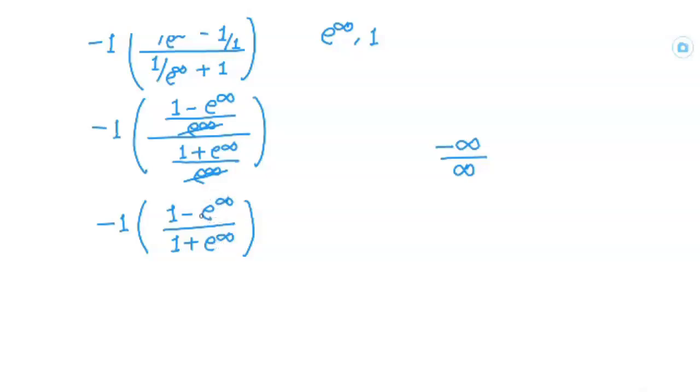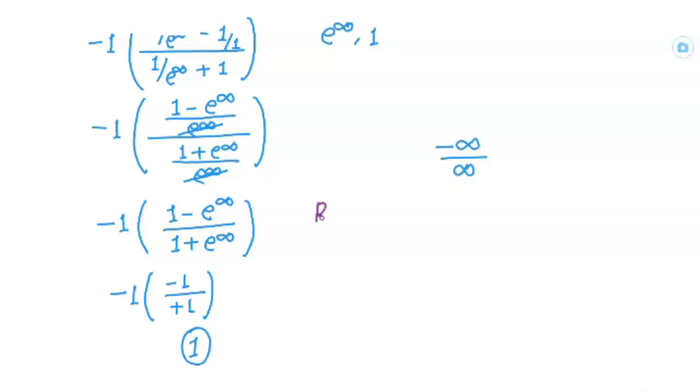The above infinity is made by this term and the denominator infinity is made by this term, so both infinities are the same. It means the answer will be the ratio of coefficients. The coefficient of the numerator infinity is -1, and the coefficient of the denominator infinity is +1. So this becomes -1 into (-1 upon 1), which is 1.